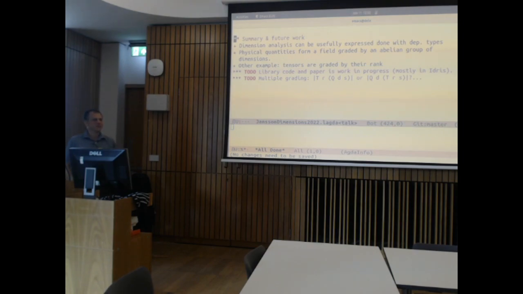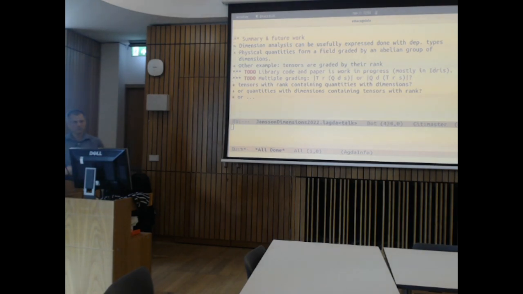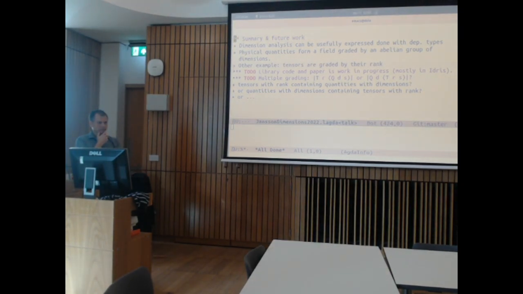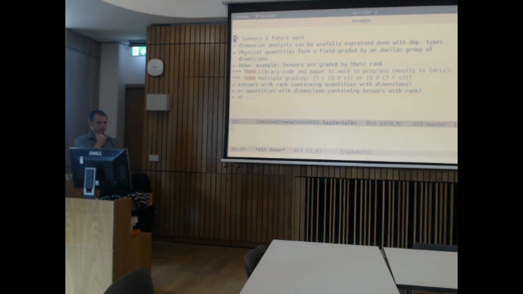Also, I think you called this a graded field. This sounds a bit strange to me because the addition doesn't preserve, you can't add things of different grading, right? You don't have a total addition, even if you mentioned the idea that you could wrap everything under an existential for the grading, but this doesn't work with addition.